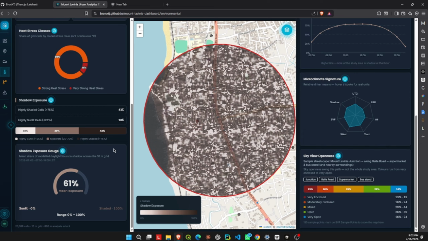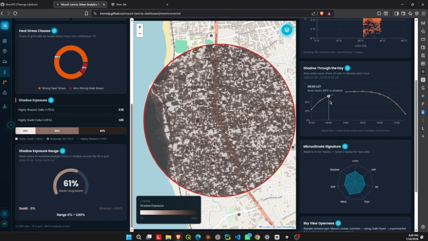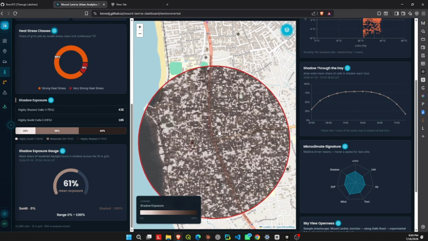So morning and late afternoon, as you can see, can still bring a harsh, very uncomfortable environment where shadow is lower, right?